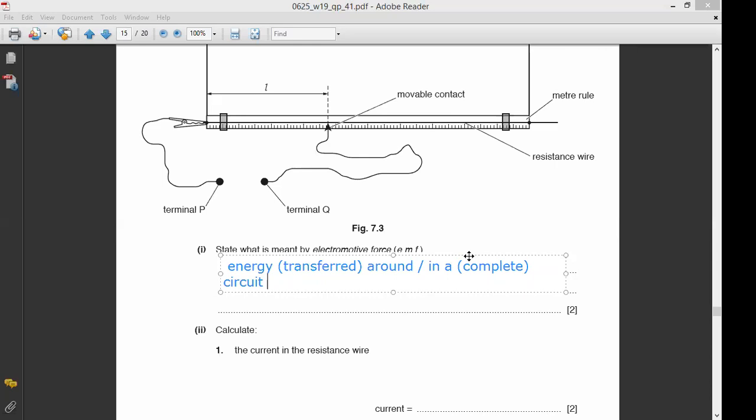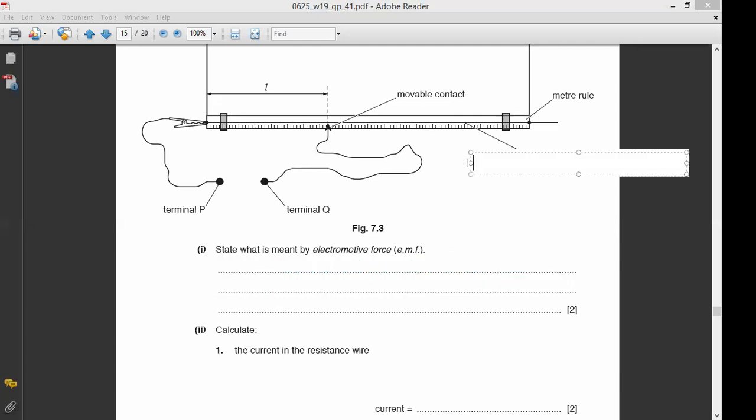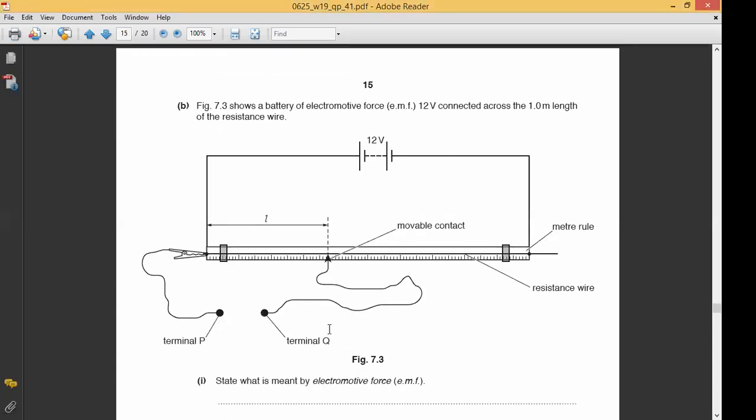The energy transferred around in a complete circuit. Now, what's the difference between potential difference and electromotive force? This is it. I will explain this now.